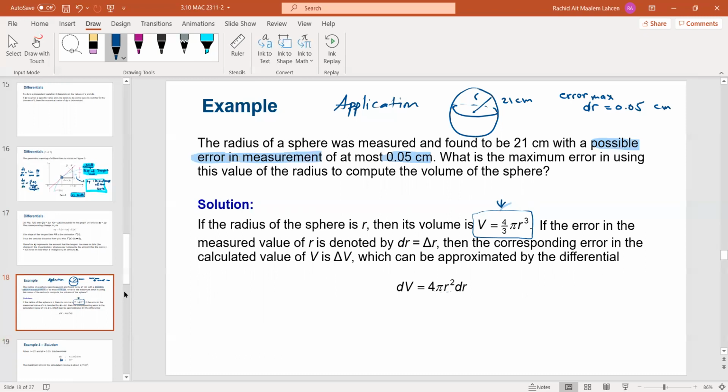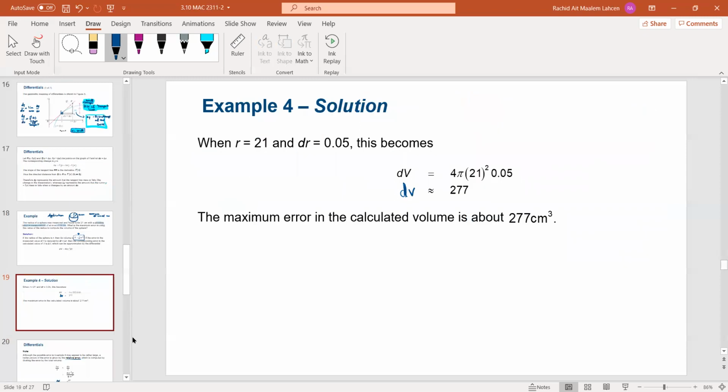You've done it before, but now think about it in terms of a differential, not related rates. Using the given information, you'll find that dV is 277. That looks huge. We're saying dr is 0.05 and dV comes up to 277.